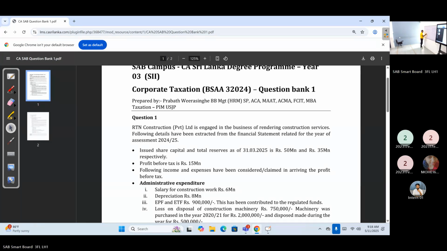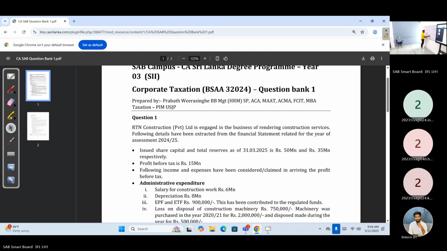Thereafter, deduction under section 52, qualifying payment of relief.